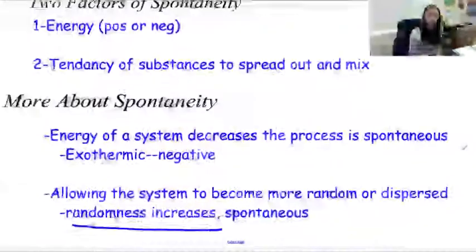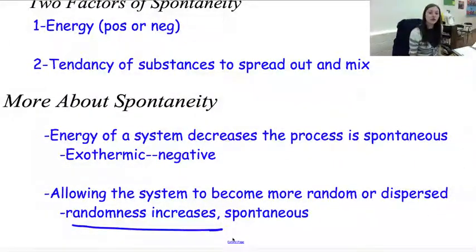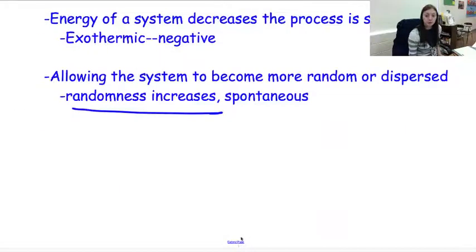Okay, a little bit more about spontaneity. If the energy of a system decreases, the process is spontaneous. That's exothermic and that's negative. So my energy of my system goes down, becomes more stable. My processes are just going to happen. Ice just melts. Allowing the system to become more random or dispersed, that's the randomness increases.